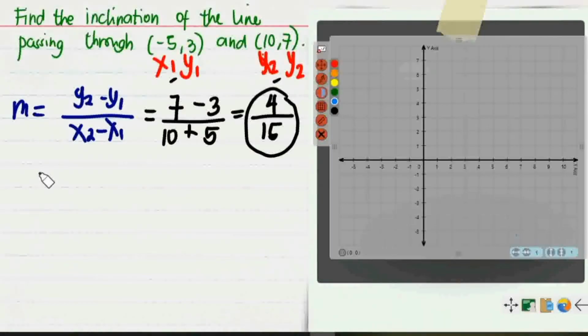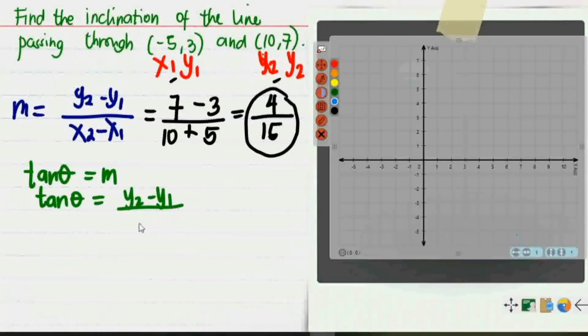Paano naman kapag kukunin natin yung angle? So, tan theta is equal to m. Ibig sabihin, tan theta is equal to y sub 2 minus y sub 1 over x sub 2 minus x sub 1. So, nakuha na natin yung m, yung slope. So, tan theta is equal to 4 over 15.